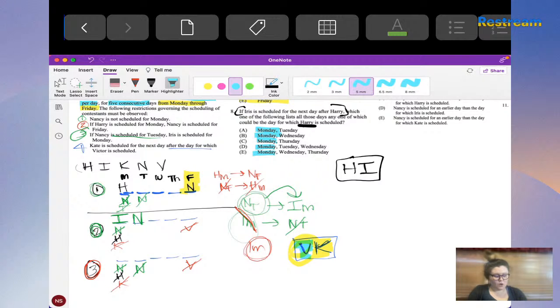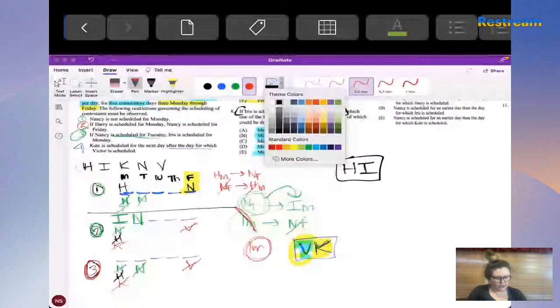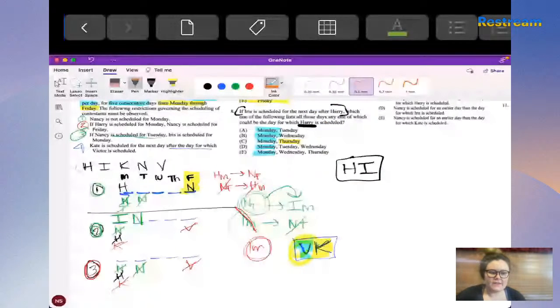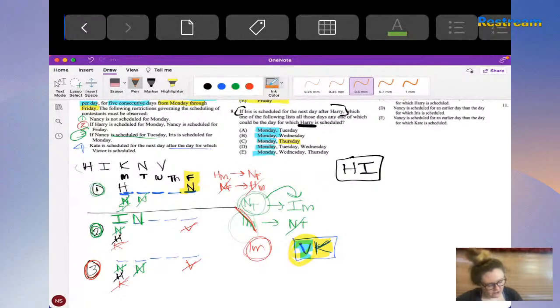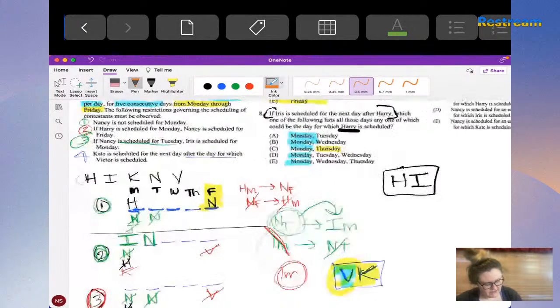So one that looks good to me is I'm going to try Thursday next and look at my worlds and think, okay, where could H go on Thursday? Let's use orange. This will be like my trial, just for this game, not strict.